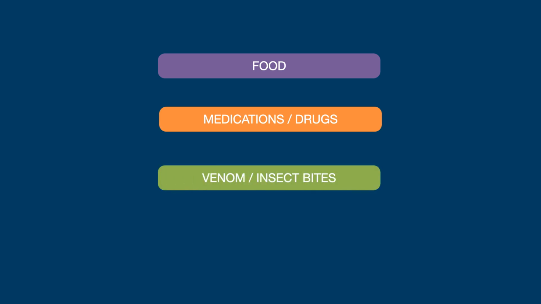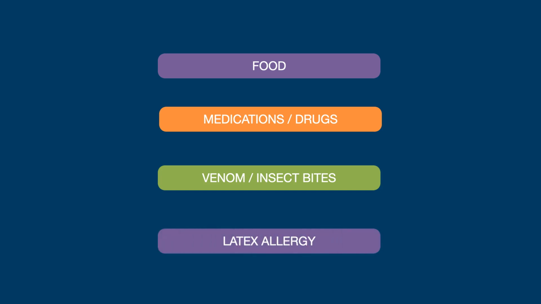Venom and insect bites. Venom from stinging or biting insects such as ants, bees, wasps may cause anaphylaxis in susceptible people. And lastly, latex allergy. Latex allergy is included as part of type 1 hypersensitivity and also type 4 hypersensitivity as well as irritant contact dermatitis.